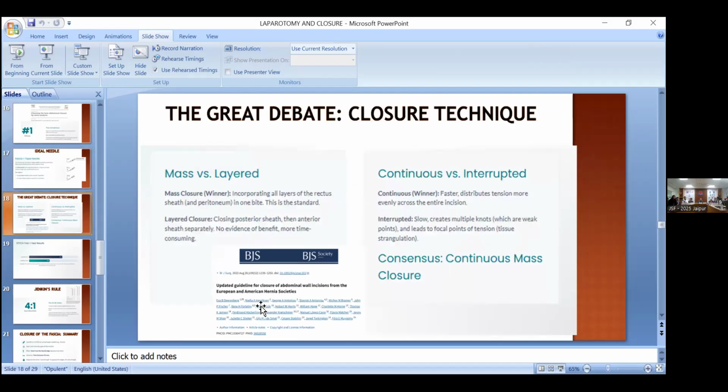Now, there are multiple debates on how to close the abdomen, whether it should be a mass closure, whether it should be a layered closure, whether it should be a continuous or an interrupted closure. From various updated guidelines, the consensus is a continuous mass closure. Mass closure would be to incorporate all the layers of the rectus sheath in one bite and not take separate layers, like not taking the sheath separately and muscle separately.